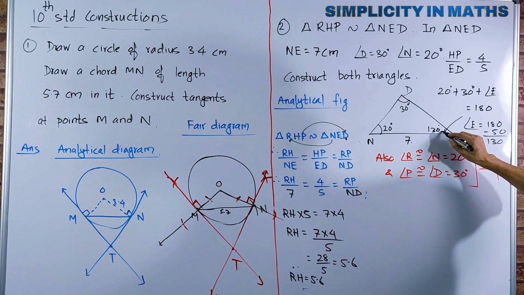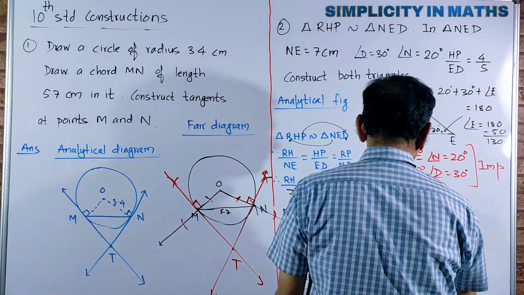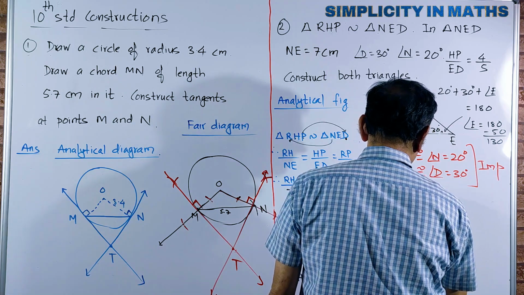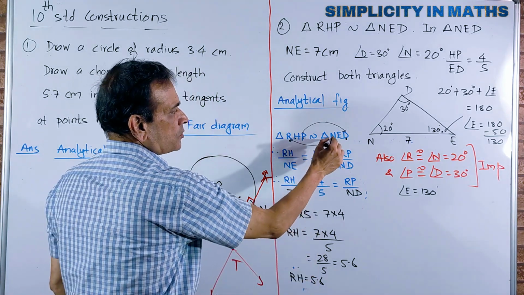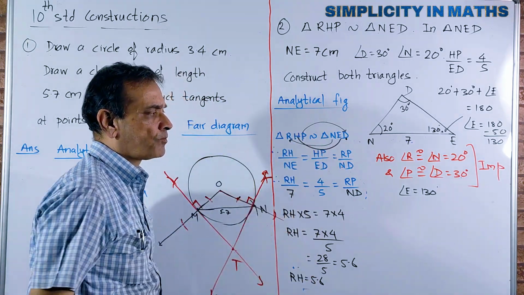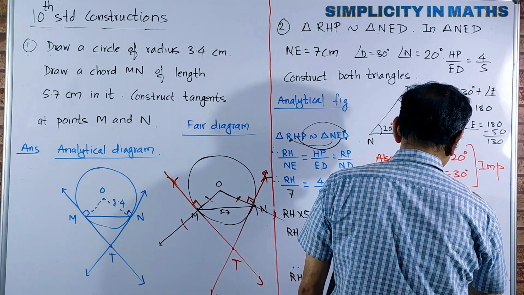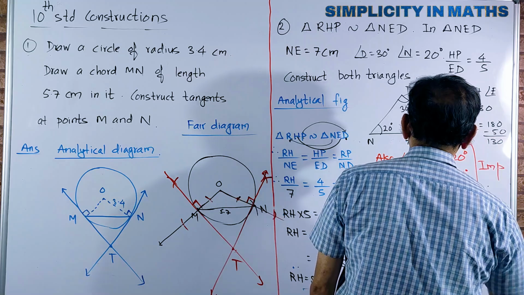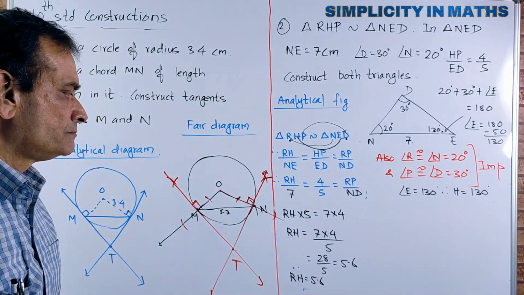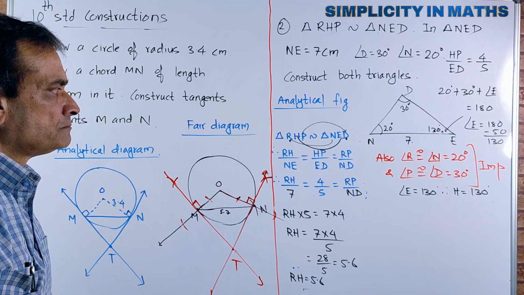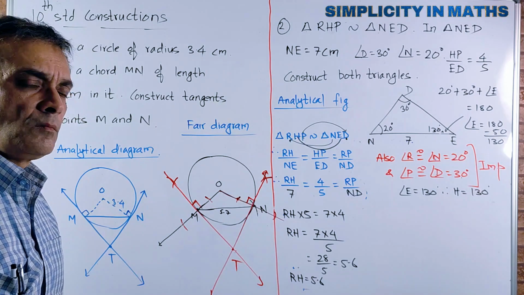From the diagram we can see here we got angle E. Angle E equal to 130. So E corresponds to H. Therefore H equal to 130. Clear? Followed?